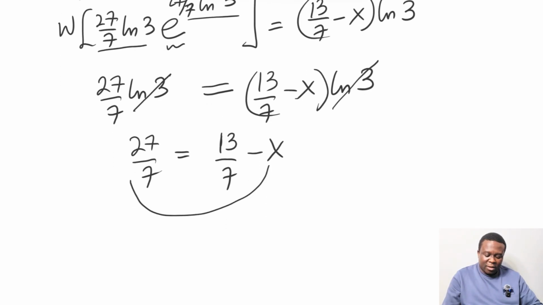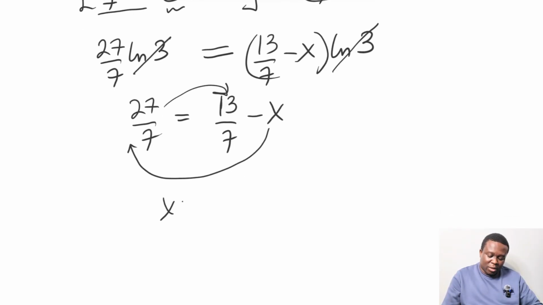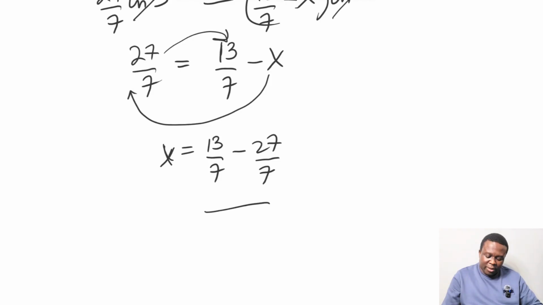Our x on the right-hand side moves over to the left-hand side and becomes positive, and 27 over 7 on the left-hand side moves over to the right-hand side to become negative. So we have x is equal to 13 over 7 minus 27 over 7. We take our LCM: we have 13 minus 27.